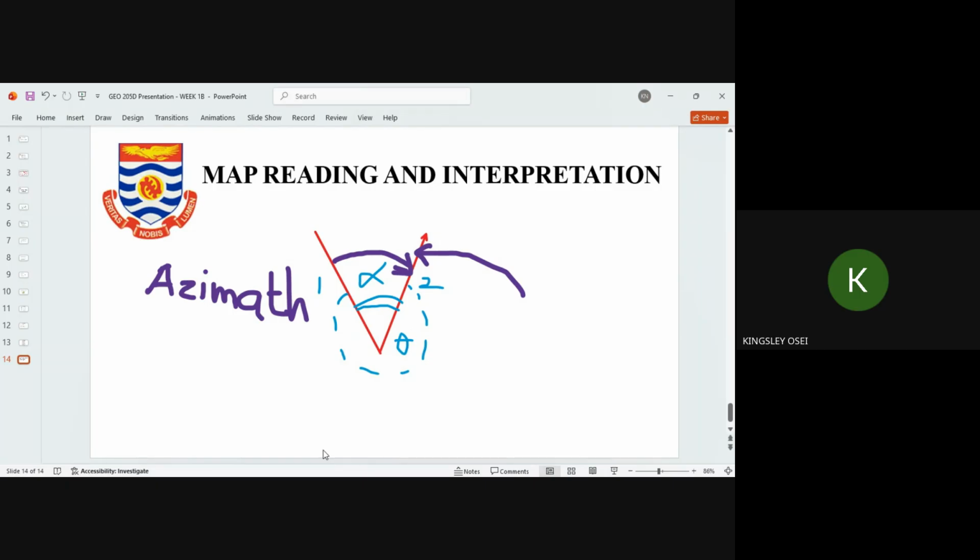You cannot mix any north direction with any of them because it defines the type of bearing you're talking about, the type of direction. When I use a compass to determine my direction, it is not and will not always mean that when I use another method to find the direction, I have the same value. No. Because when you're doing it with a compass, it depends on the magnetic north.